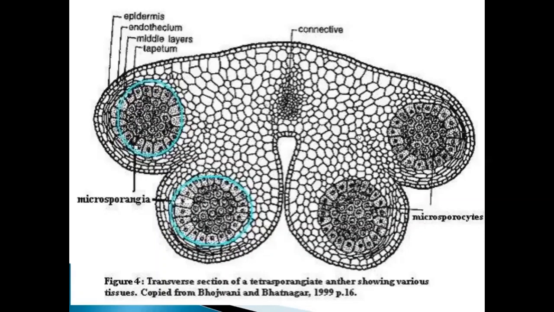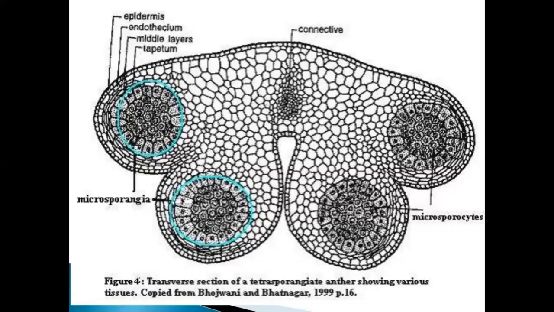You can see the outer part looks like thick cells in a single layer. The epidermal cells in a mature anther become stretched, and after maturity of the anther, some become much flattened.